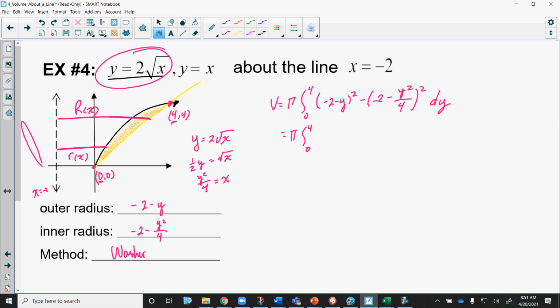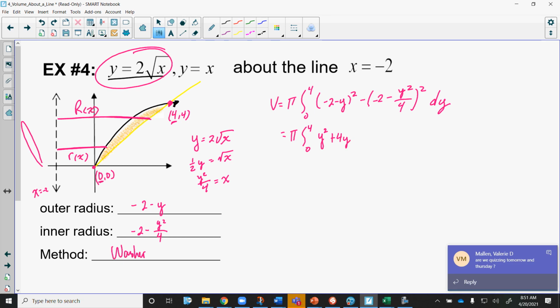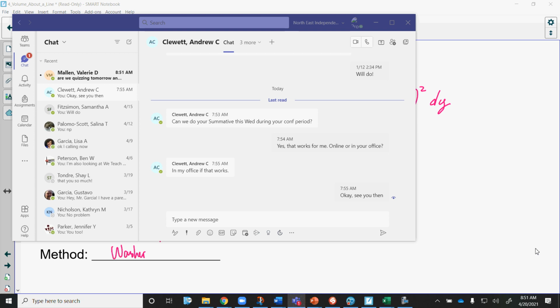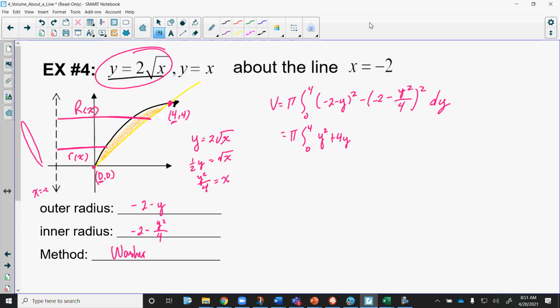So expanding the first binomial here, I'm going to get a positive y squared plus 4y plus 4.